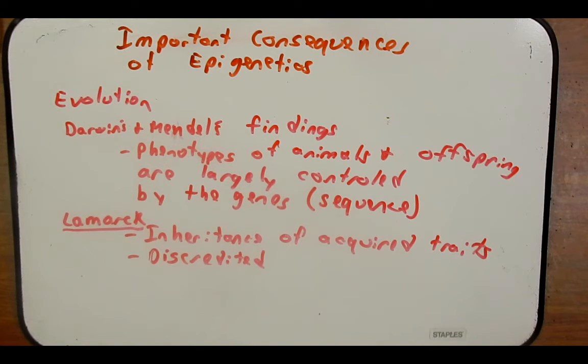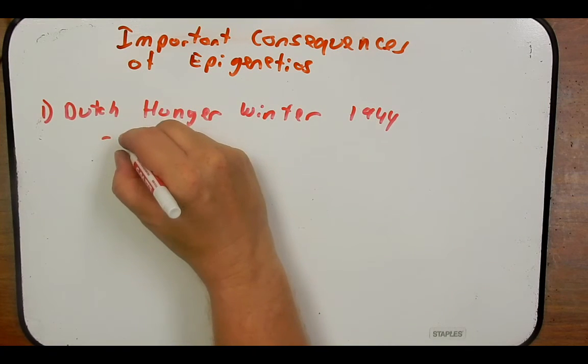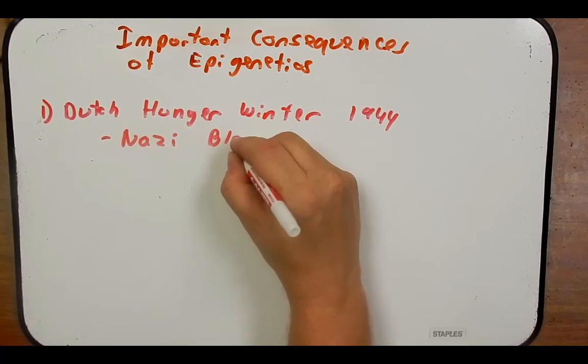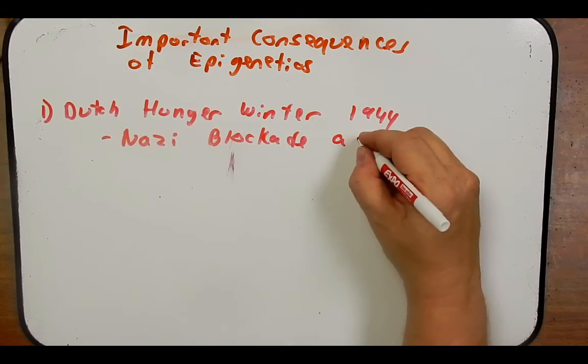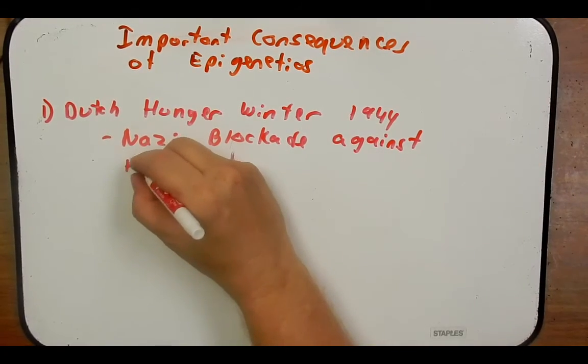And some of these observations, your book highlights a couple. I'm just going to mention them, but I'll encourage you to read up on them a little bit more if you're interested in finding out more about them. And one of these was the Dutch Hunger Winter of 1944. It resulted from a blockade that the Nazis set up. So the Nazis had a blockade against Holland.